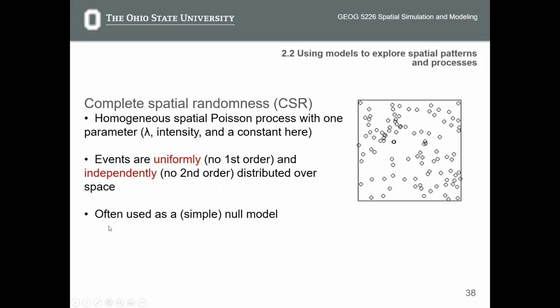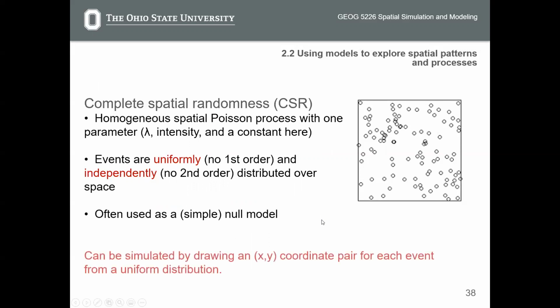CSR is always used as a null model. It's completely random, and that's the reason why it's called complete spatial randomness.